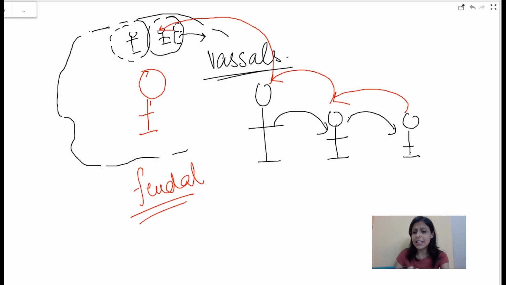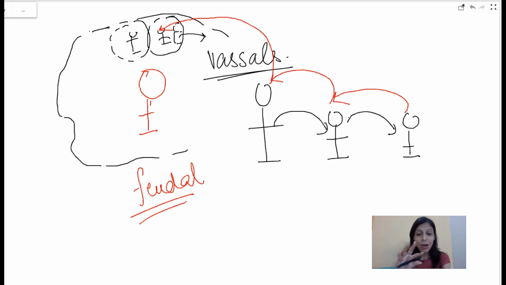So we were saying that there was a turmoil in France. The people started to revolt. They started to question the power of the king. They even started to talk about the philosophies given by different thinkers and philosophers. They started getting more aware, more conscious about their rights.